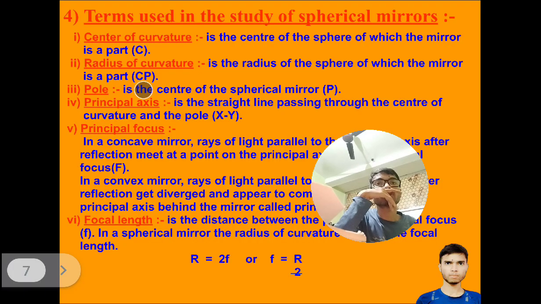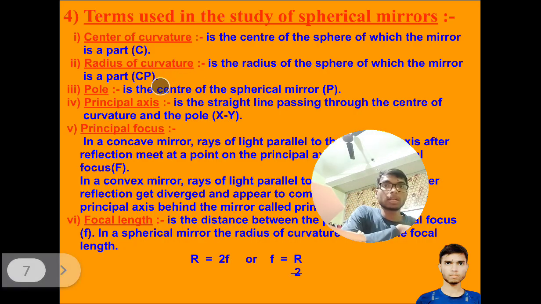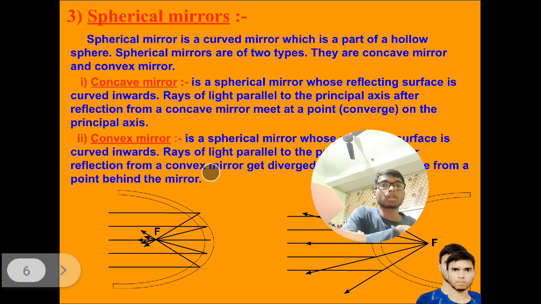Next is the radius of curvature. Radius of curvature is the radius of the sphere of which the mirror is a part. On this line, a radius will appear.